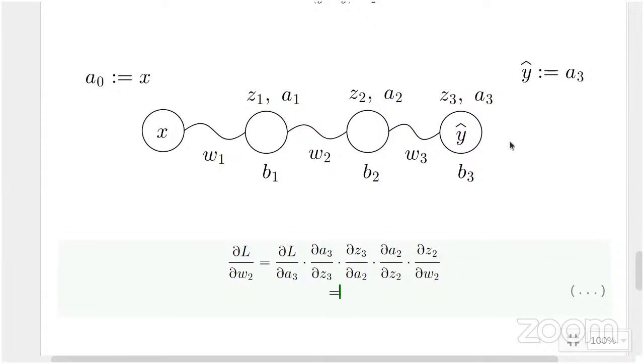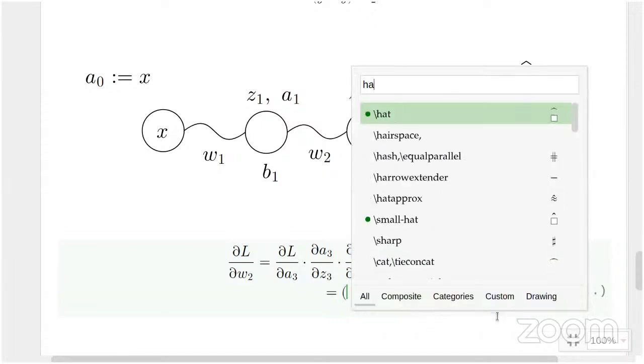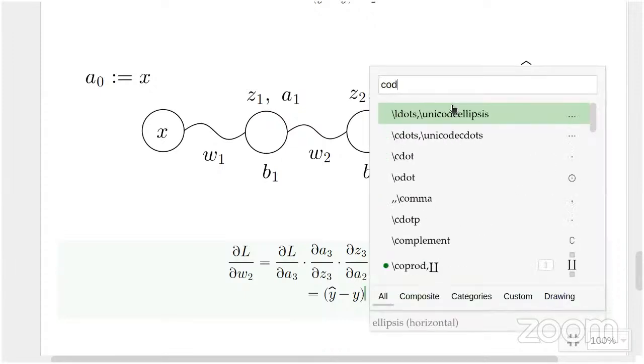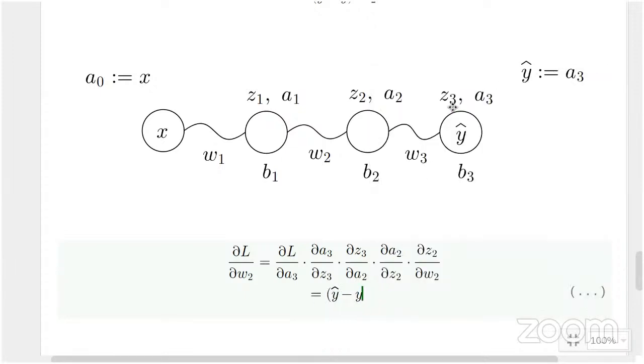So ∂L by ∂A3 will be y hat minus y, right? I hope this is clear. ∂A3 by ∂Z3 is what? It's the identity, so that's just one. So we have computed these two. Now ∂Z3 by ∂A2.